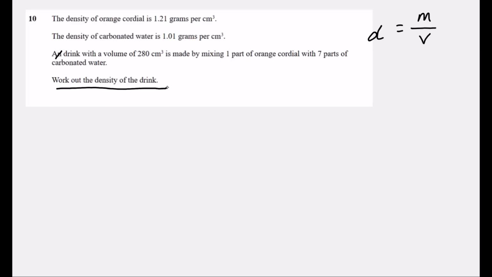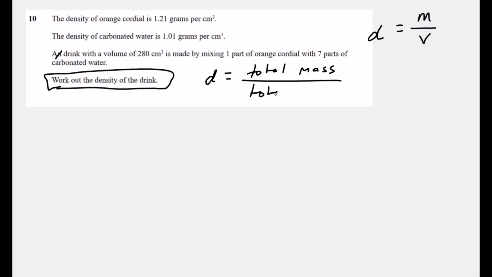So we want the total density. To do that, we're going to want to work out the total mass over the total volume, which we know already. So the total volume is 280. So it's 1 part orange, 7 parts carbonated water.